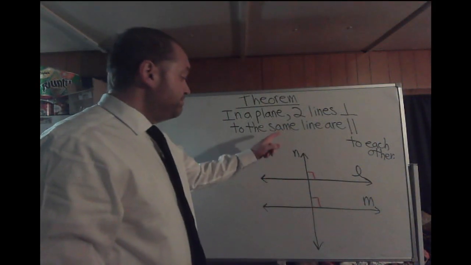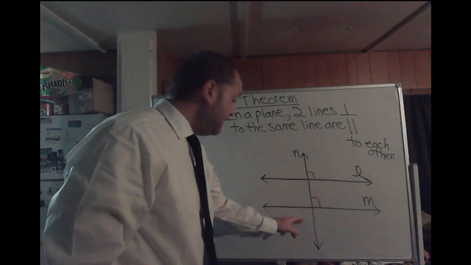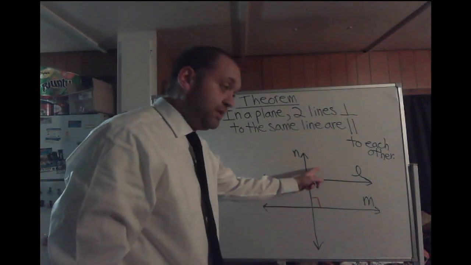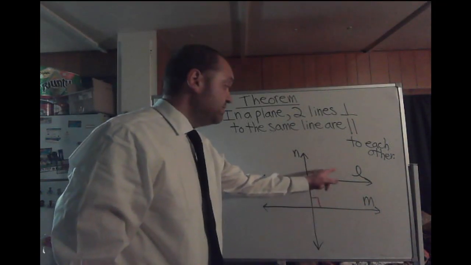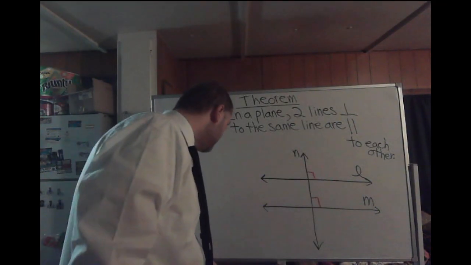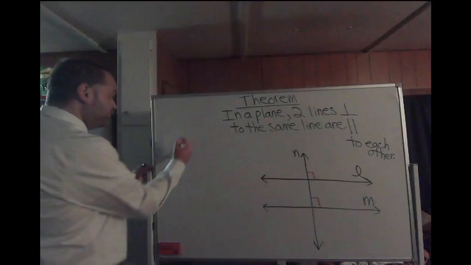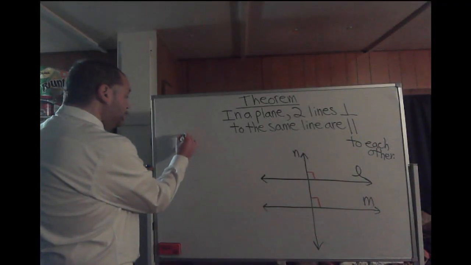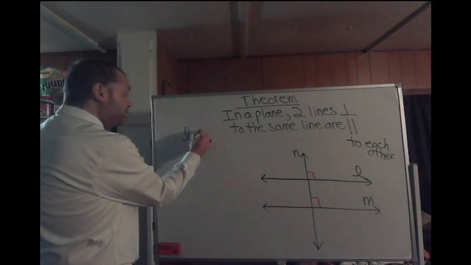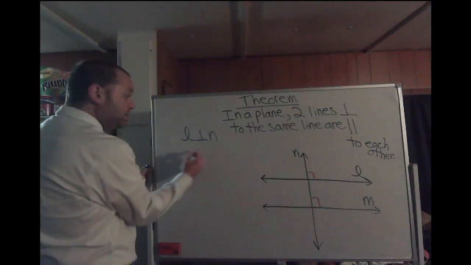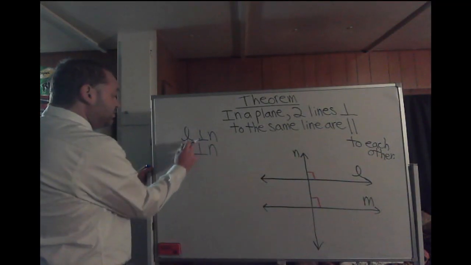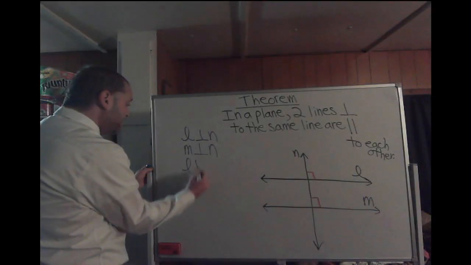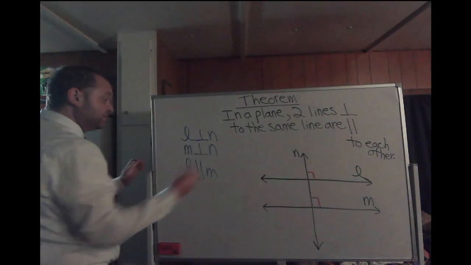They are cut by transversal N. Transversal N is perpendicular to L and it's perpendicular to M. Therefore, we can deduce that L is parallel to M. So let's go with what we know. We know that L is perpendicular to N. We know M is perpendicular to N, which would have to mean that L is parallel to M based on this theorem.